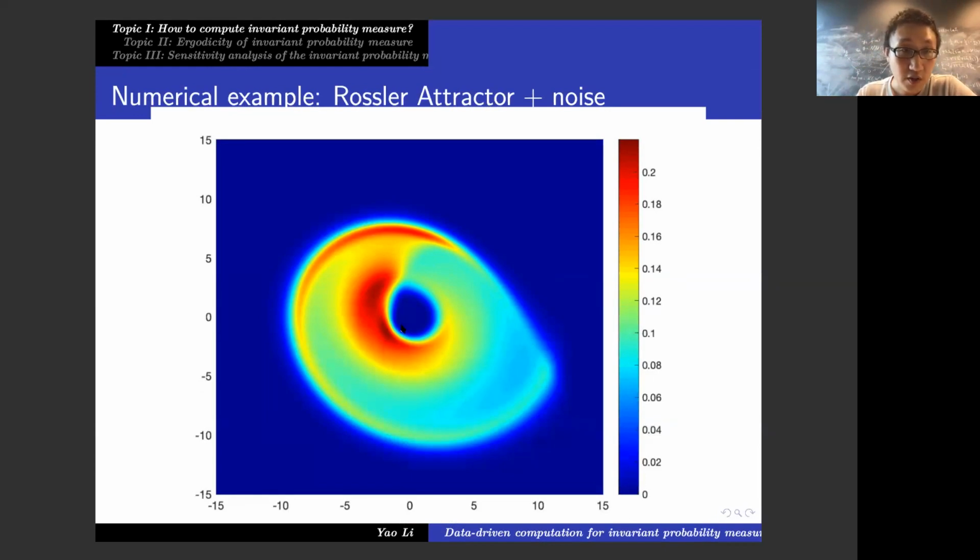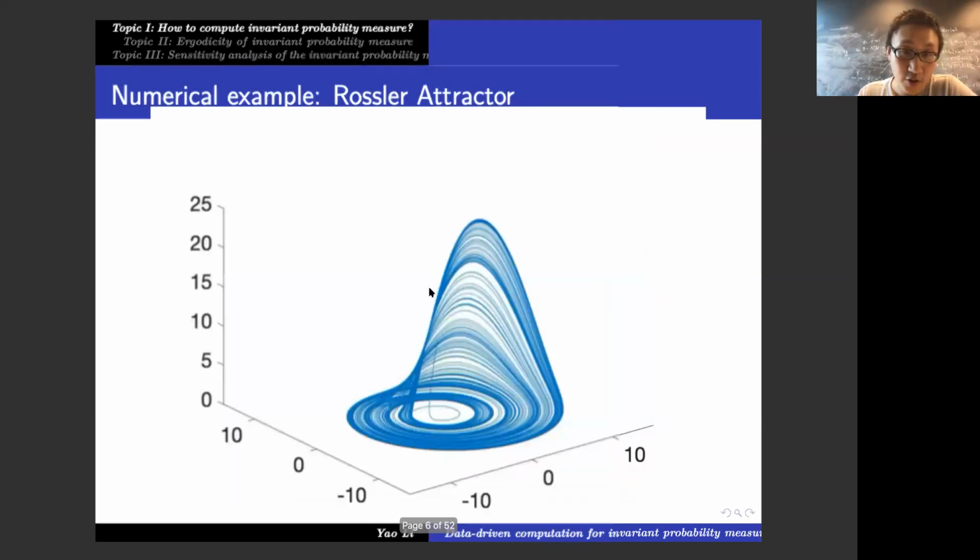Usually, it's very hard for a theoretical proof to show that I have a high density here and a low density here, and that the shape of the attractor looks like this. Also, this is very interesting because as the noise gets smaller and smaller, heuristically you should see more and more dynamics.